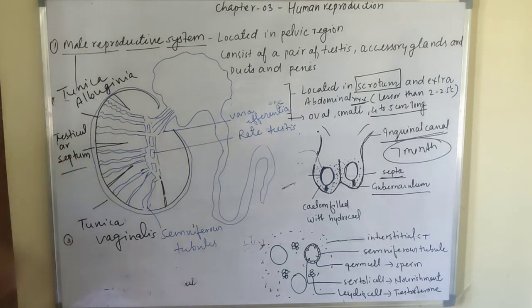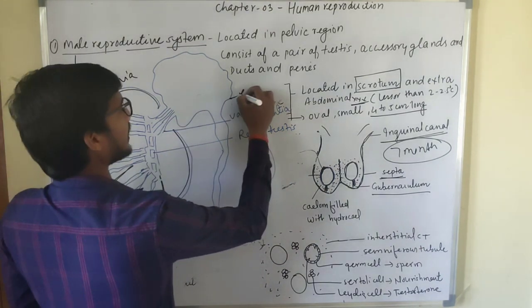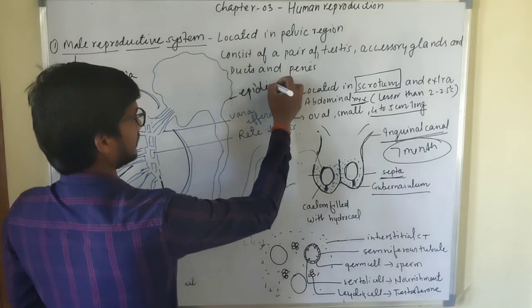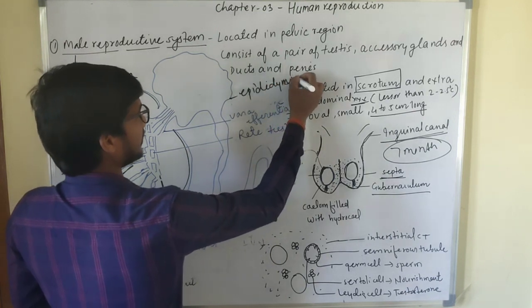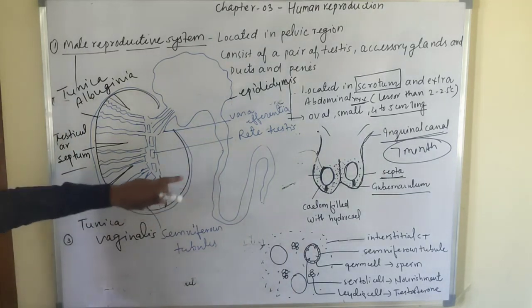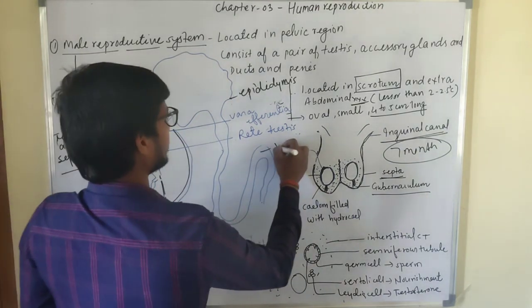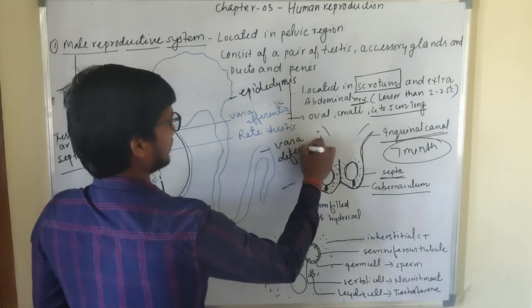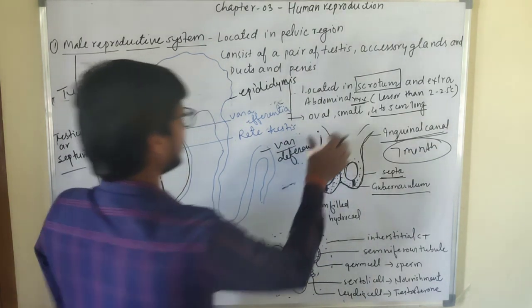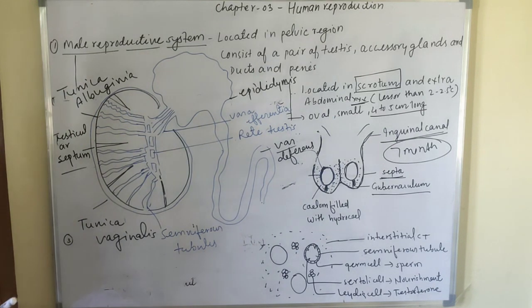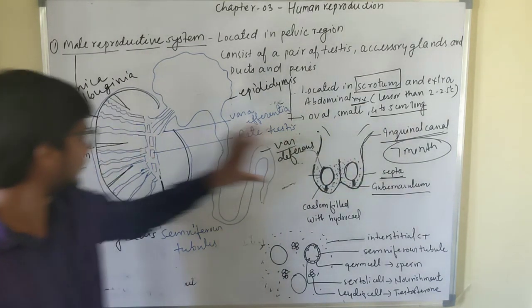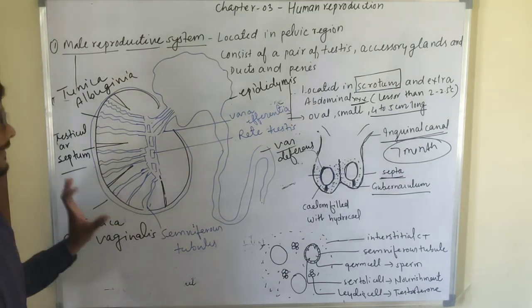This one is the epididymis, and these we can say are the vas deferens. So if we enlarge this testis, we can see this kind of arrangement in the testis.